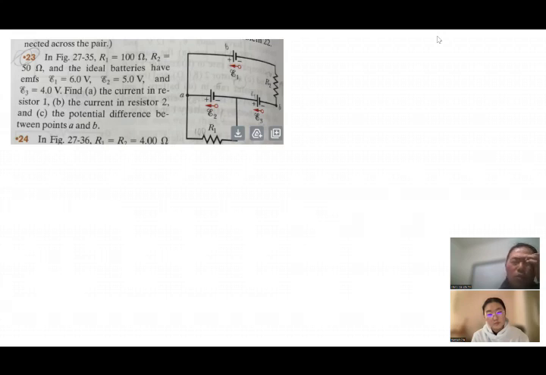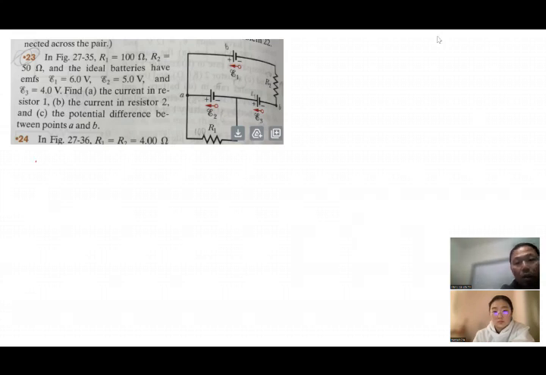So I'm going to show you two different ways. It should give you the same answer, but depending on which direction of the loop with respect to the current, the formula will be slightly different, but the answer should be the same. Let me give you the way to solve it. For the first way, okay, let me just write it.